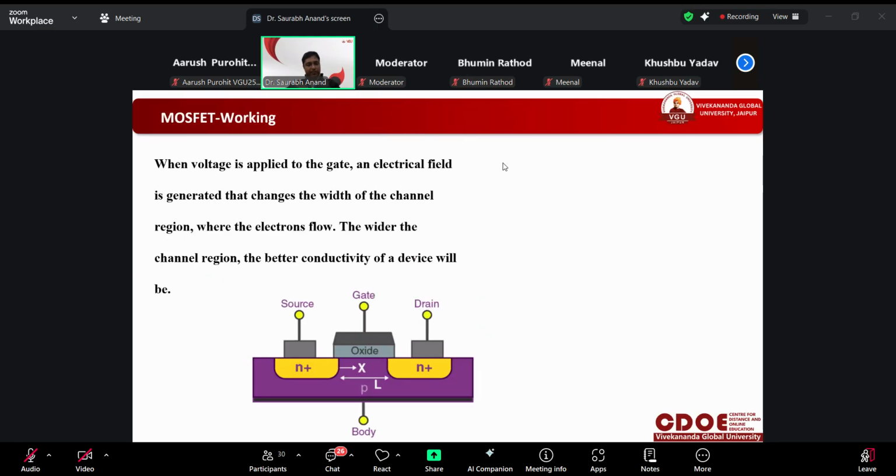Now the working. How does it work? First, we will connect the battery between drain and source. Same working as FET. We connect the battery between source and drain. Here it is not possible, so I will draw here.